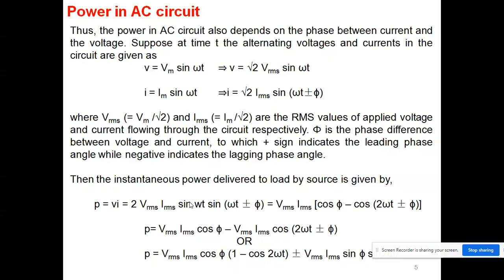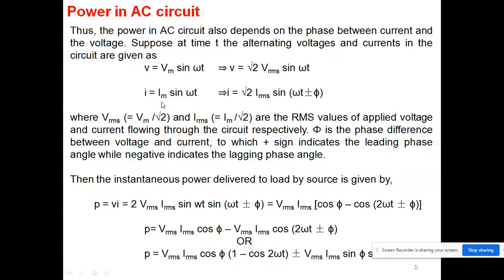So the power in AC circuit also depends on the phase difference between current and voltage, because we have already seen this when defining the term impedance, where these factors also depend on phase. Suppose I write the alternating voltage value like this and the alternating current value like this.